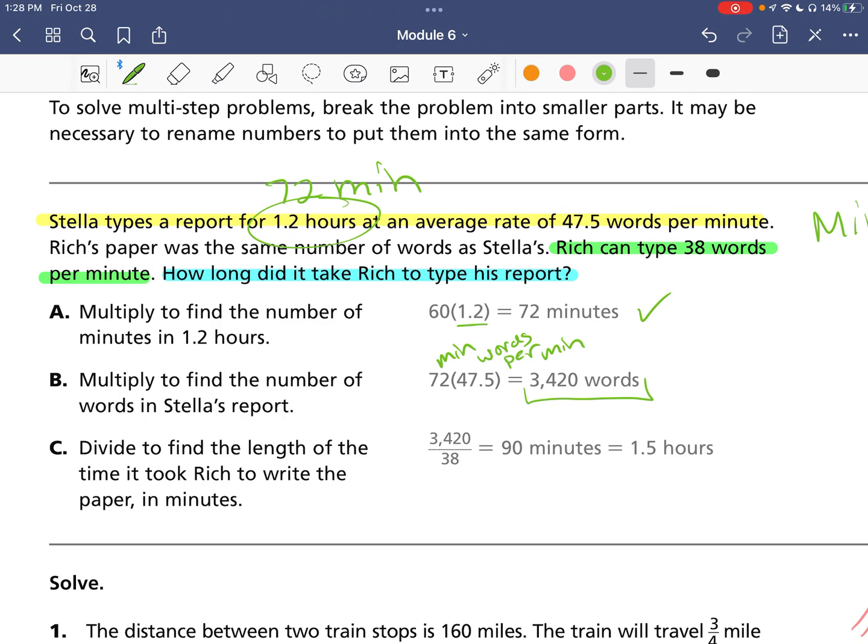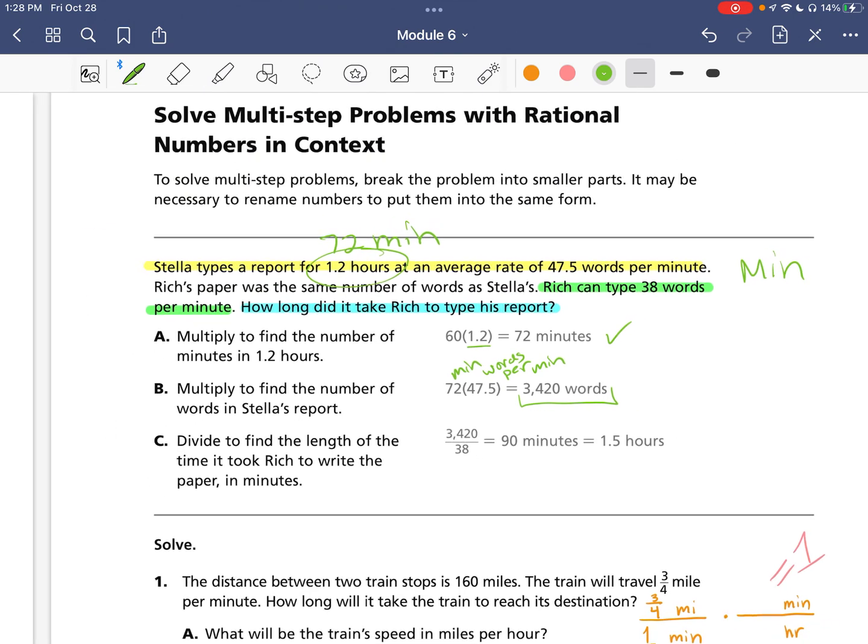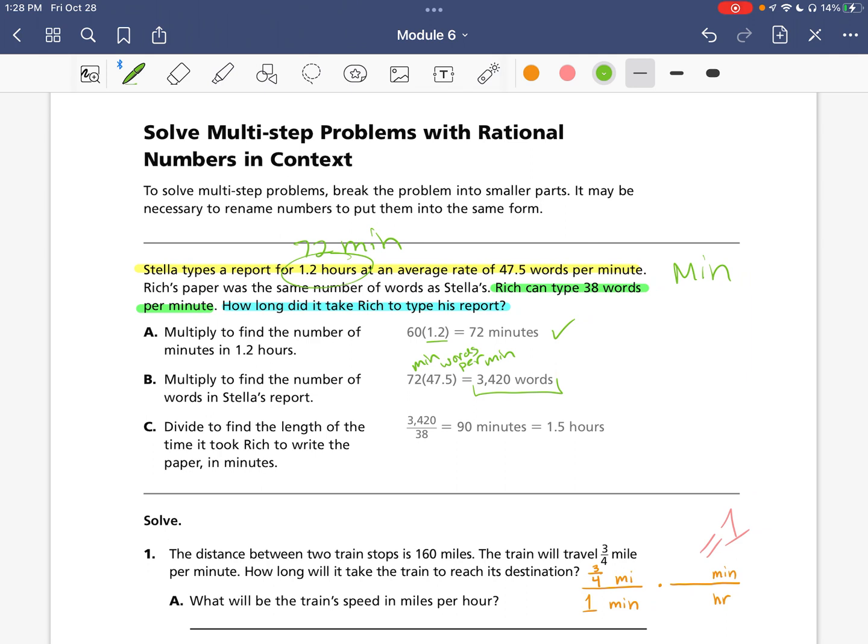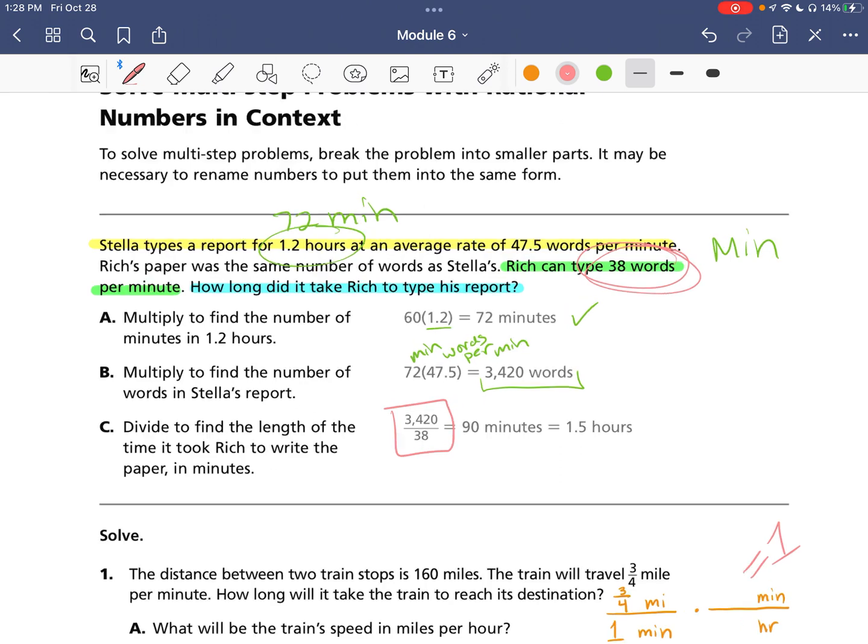Now we're going to do some dividing for Rich. So we know he can type 38 words per minute. So we're going to take that total amount of words, our 3,420, and divide that by his rate.